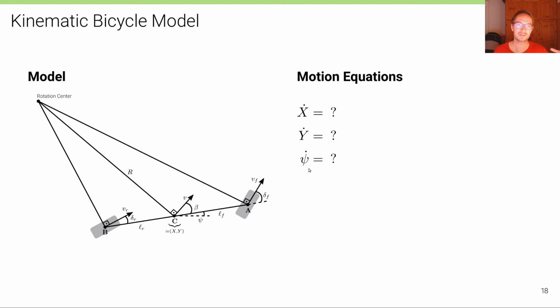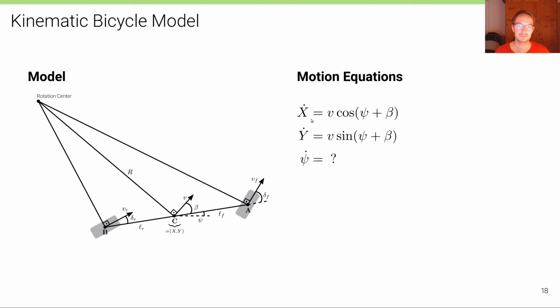So we basically want to derive the velocities, and we want to derive those with respect to the quantities that we already know. And time derivatives we're going to always indicate in formulas with a dot on top of a symbol. So x dot means dx with respect to dt.